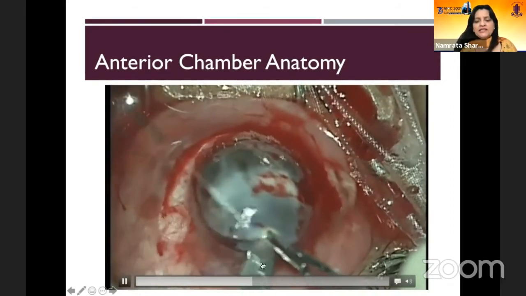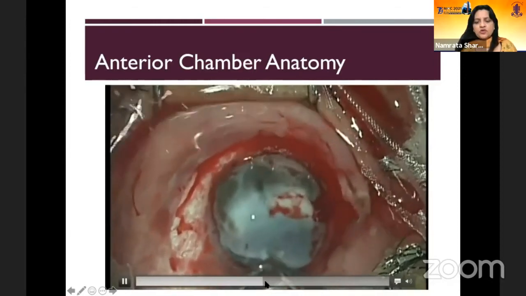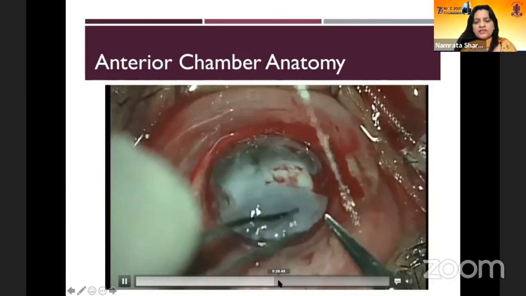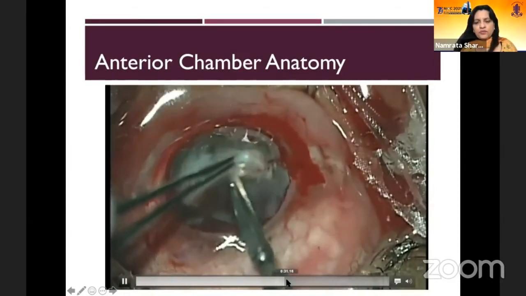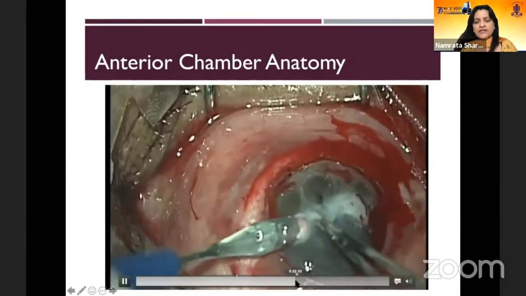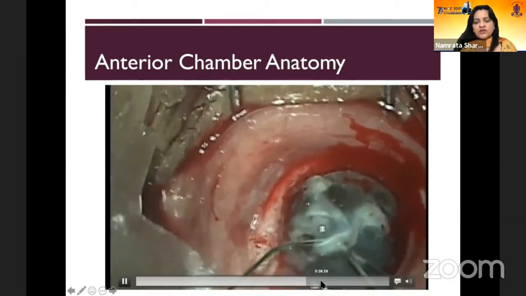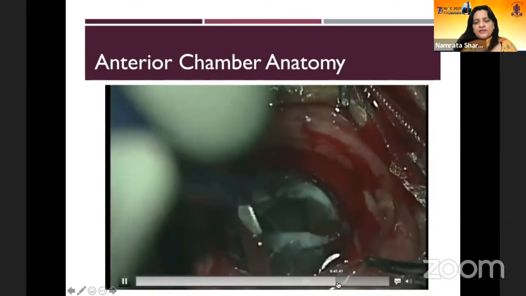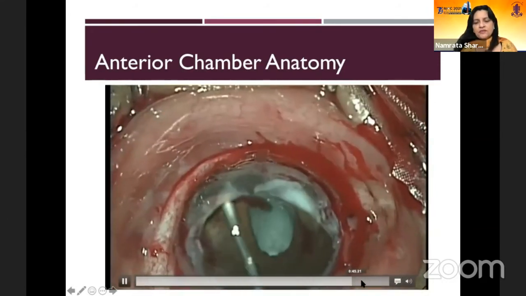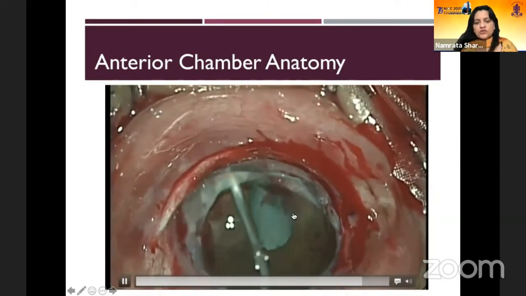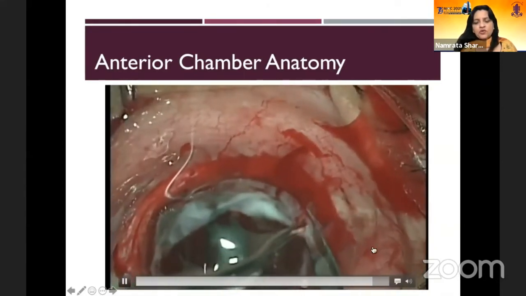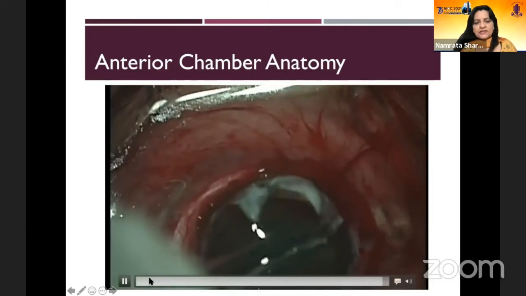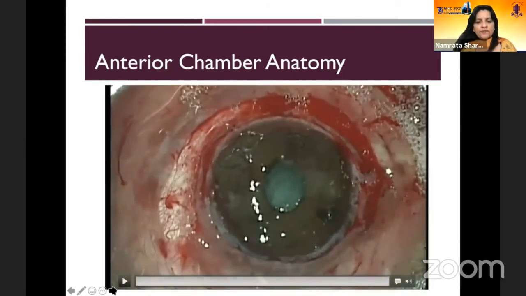And then guarded entry is done because you don't want a sudden entry, as that will cause decompression of the globe. As much of the iris as possible should be preserved in this procedure. Of course, the lens is there. It is best left alone in a therapeutic keratoplasty unless it spontaneously expulses out.